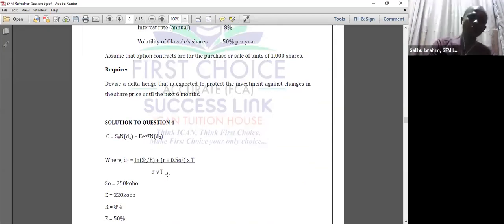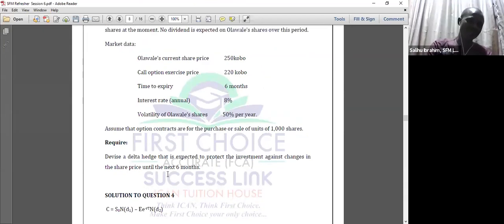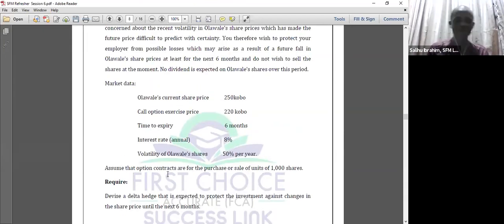Now, you will see that in this question, are we given data? No, we are not given data. Okay, now I want a delta neutral hedge. Is it a call option that I need to use? Is it a put option? The question did not tell you whether to use a call option or a put option.